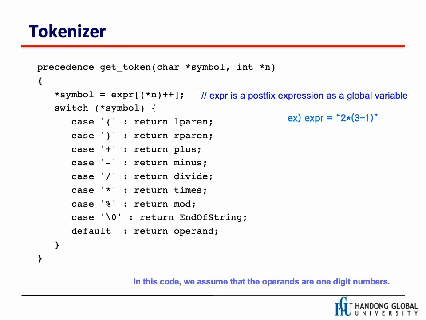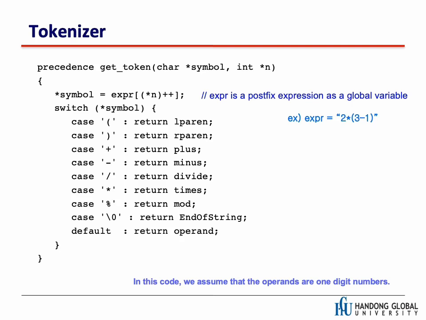When we call this function, we pass one character variable's address and an integer variable's address. So in this function, we have a character pointer variable and an integer pointer variable. The n is pointing to one integer variable from the caller function, and that integer variable indicates the location of the character in the expr variable.